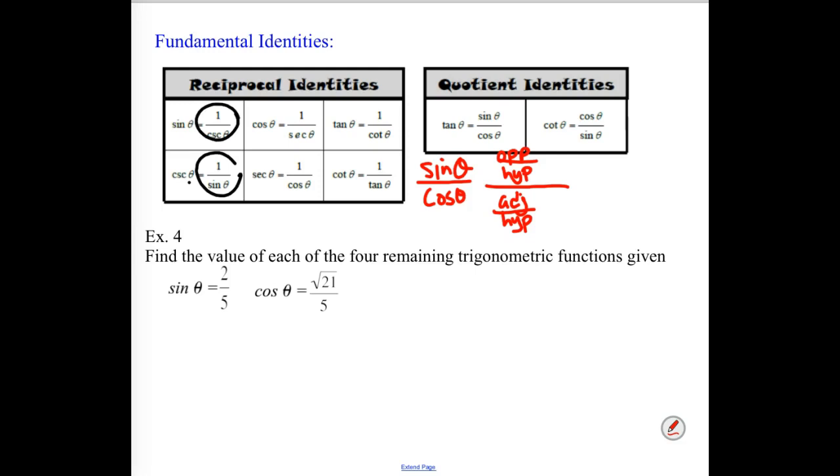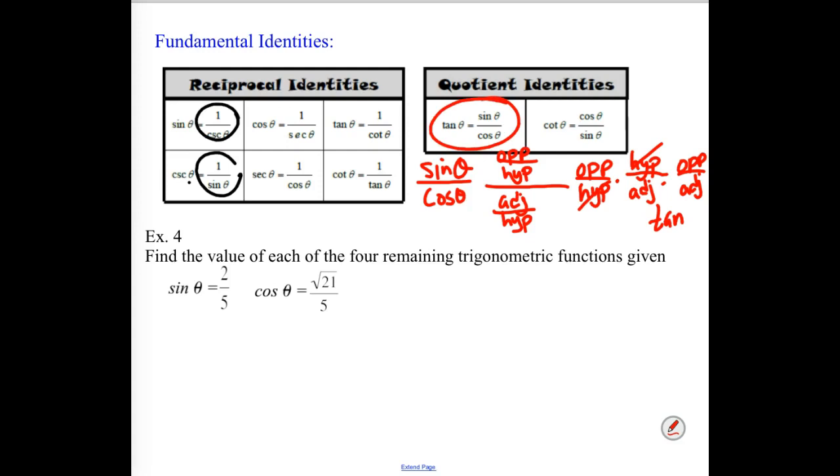A fraction divided by a fraction, we actually multiply by reciprocal. What happens if I take opposite over hypotenuse times the reciprocal of this, hypotenuse over adjacent. We end up with opposite over adjacent, which we said was tangent. Okay, so we've just proved that tangent is really sine divided by cosine.